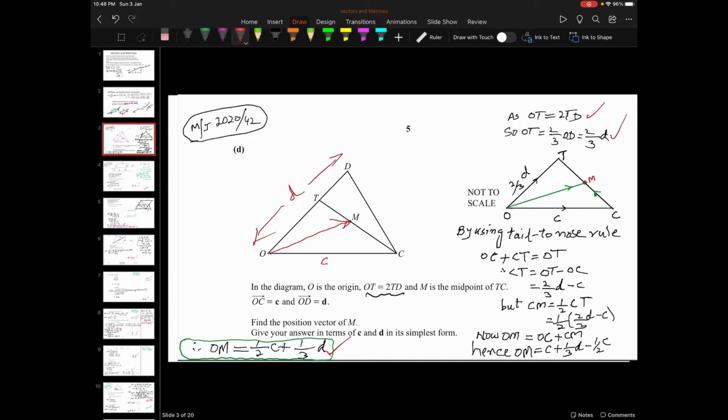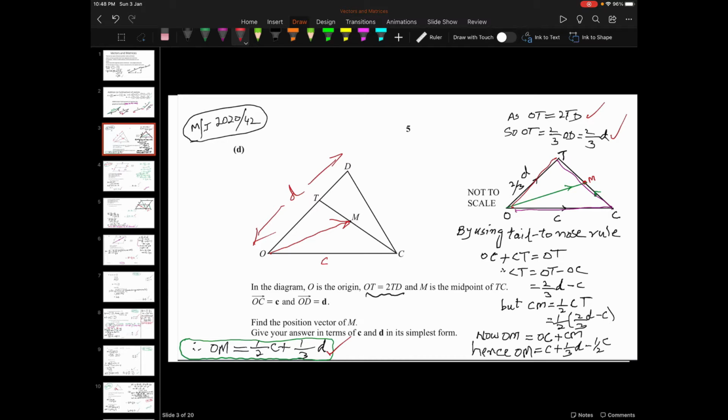Now I am drawing a separate triangle OCT. By using tail to nose rule, OC plus CT is equal to OT and CT is equal to OT minus OC.